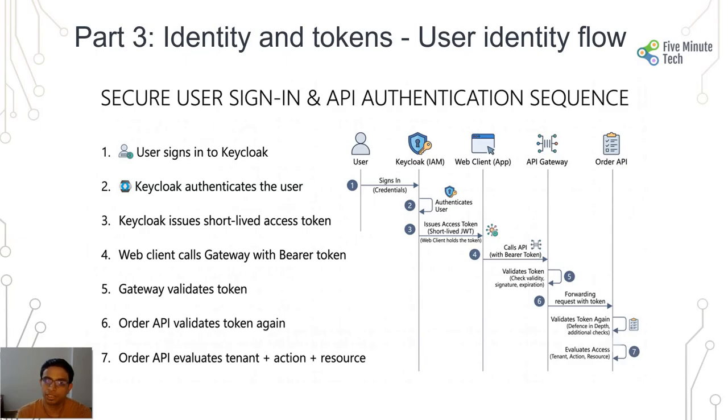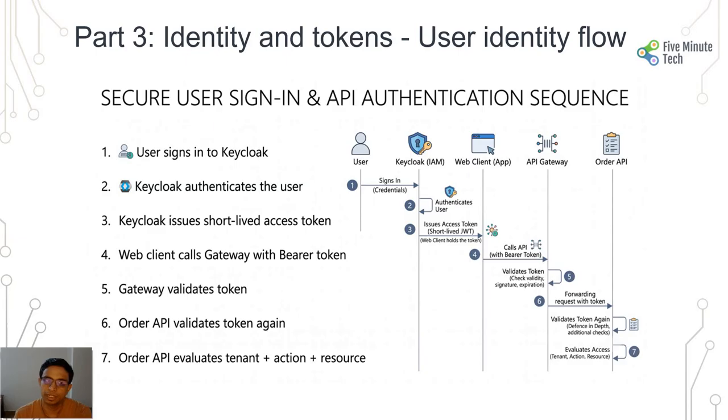After authentication, Keycloak issues your short-lived access token, and that token should contain only claims required by the APIs. Typically, the claims include subject identifier and the tenant identifier, scopes, roles if needed, and the token issuer, intended audience, and the issued at time and expiry.